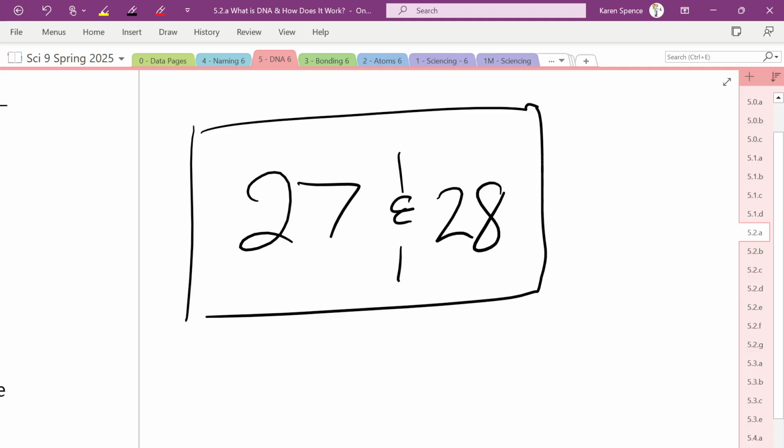Tissues, right? Organs are... DNA comes in instructions for how to put together amino acids.